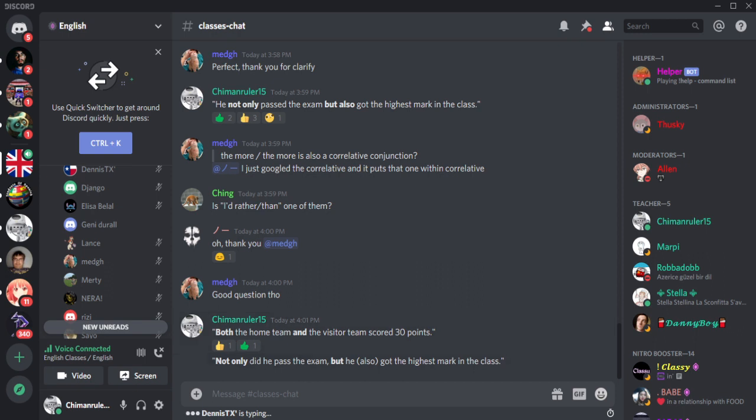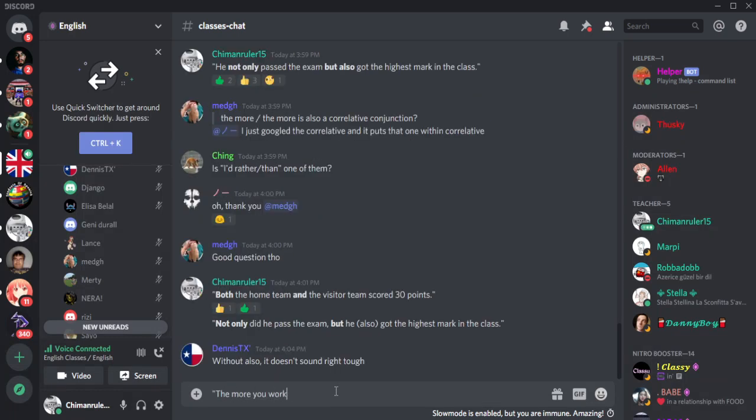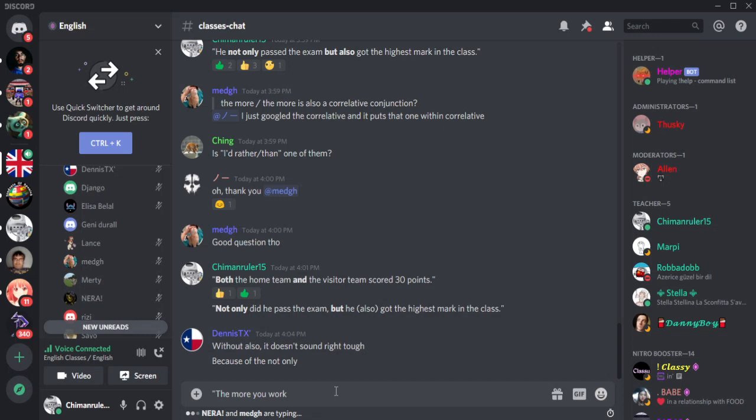Okay, so that's correlative conjunctions. And someone else said the more is also a correlative conjunction. For some people using also in that sentence would sound weird, but not using it would also sound weird. You technically don't always need also. You can use it if you want, but you don't always need it.